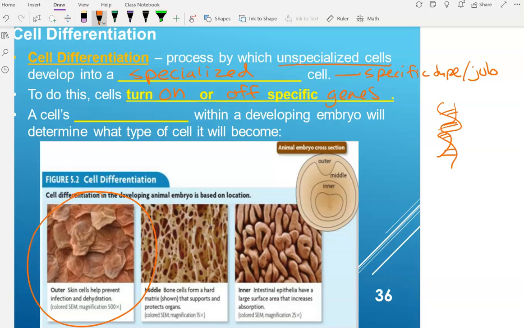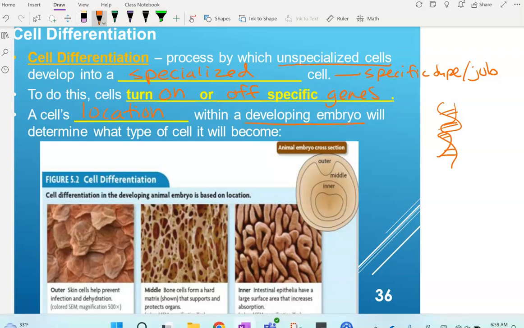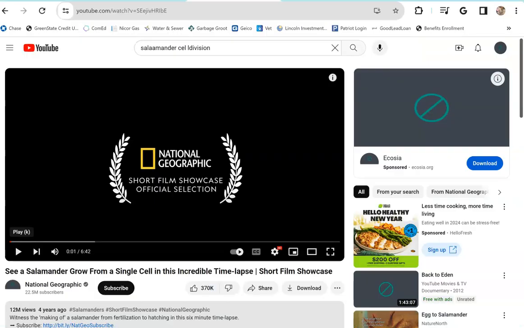But something like a bone cell wouldn't necessarily have to turn on that gene. It's going to turn on different genes to make whatever those bone cells need. And what determines what a cell will become is based on its location in the developing embryo. So I have a video to kind of illustrate that.